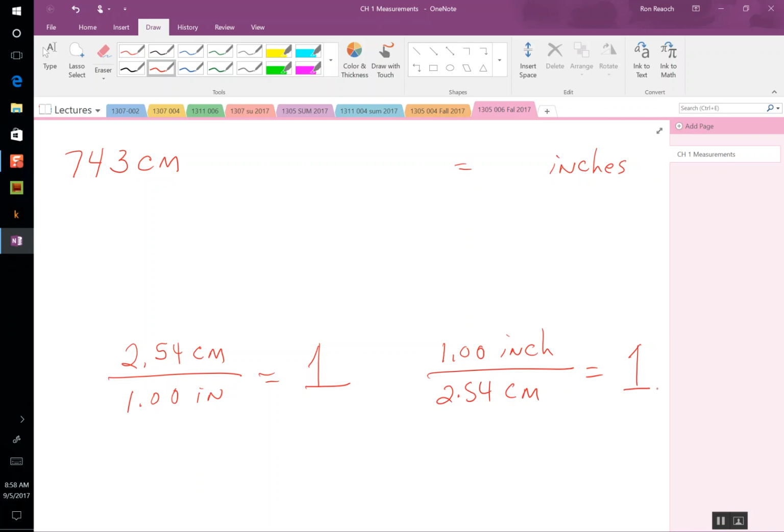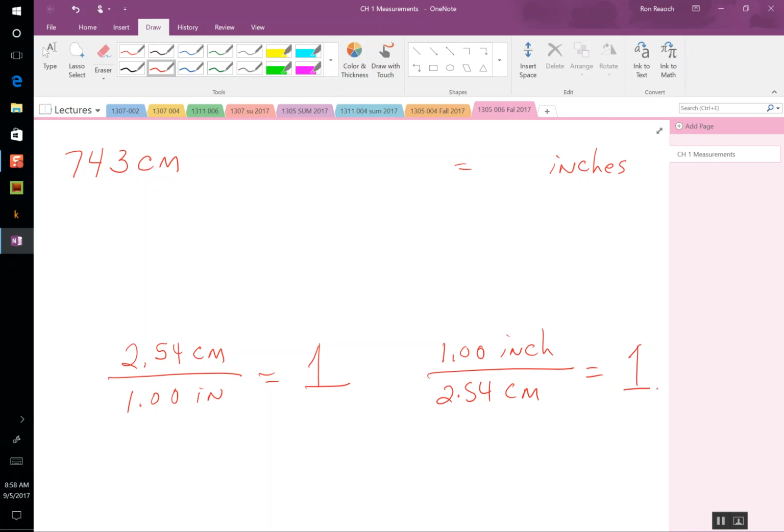So anything divided by itself is 1. This is equivalent to that. Since 1 inch equals 2.54 centimeters, I could substitute 2.54 centimeters right here for this, and 2.54 centimeters divided by 2.54 centimeters is 1. This is why dimensional analysis is also referred to as unit analysis.